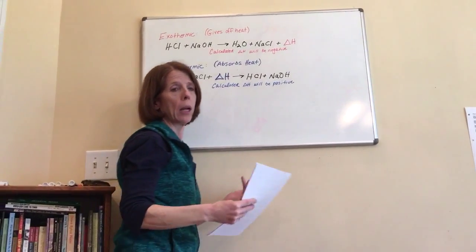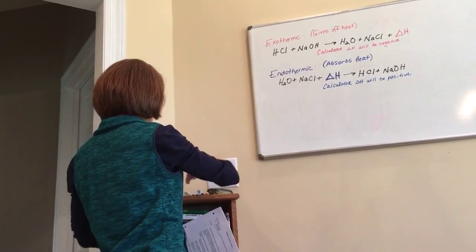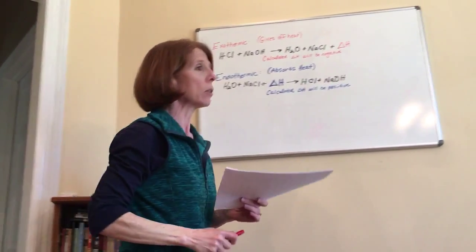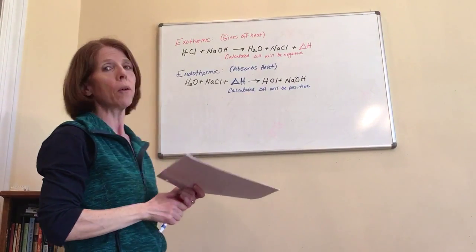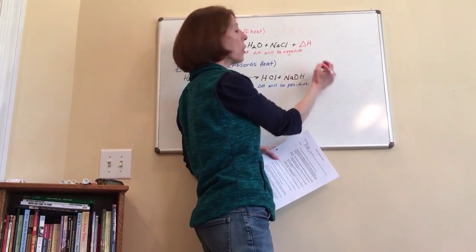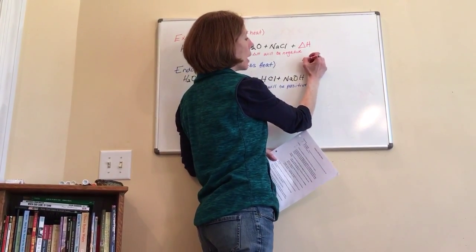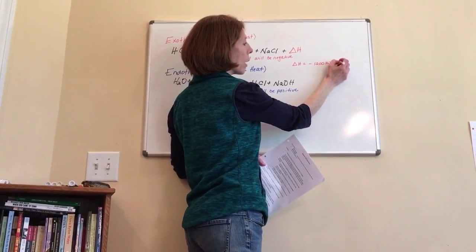So for example, let's say that this particular exothermic reaction has a delta H, a change in energy. It gives off, let's just say it's 1200 kilojoules per mole, okay? So if we were to calculate this number, we would get a delta H equal to negative 1200 kilojoules per mole, okay?